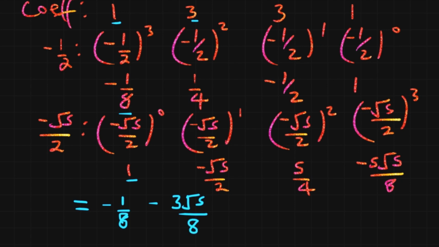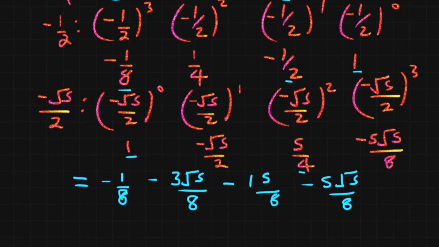This is 8 too. Then we have 3 times negative a half times 5 over 4. That is minus 15 over 8. Then here we have 1 times 1 times 5 root 5. And that will be minus 5 root 5, and it is over 8.